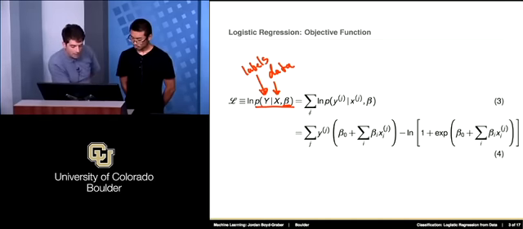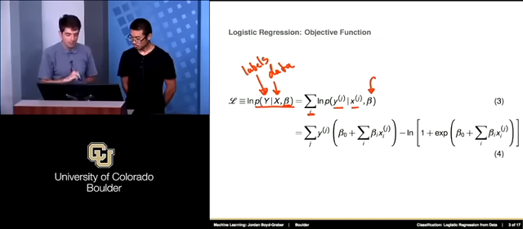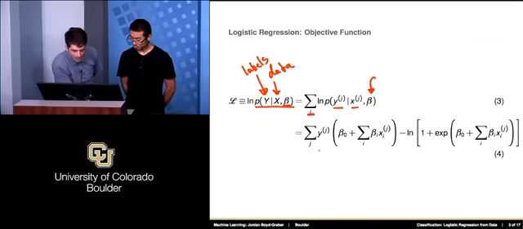So this is a sum over all of our examples of the probability of each example's label given its data and the weights. And so this is just putting it through the logistic regression function. And here you have the numerator and the denominator.